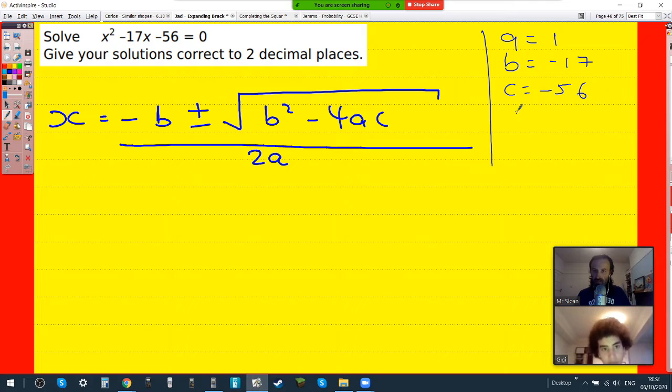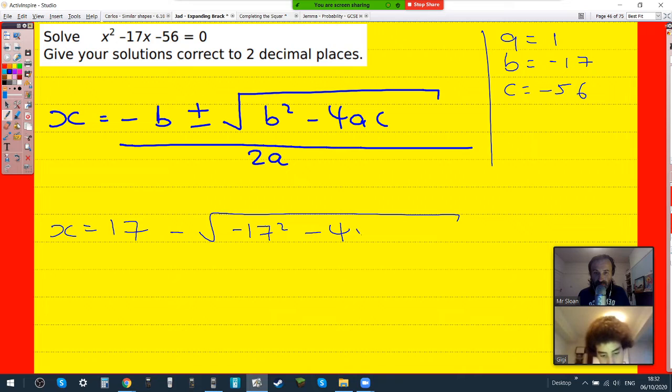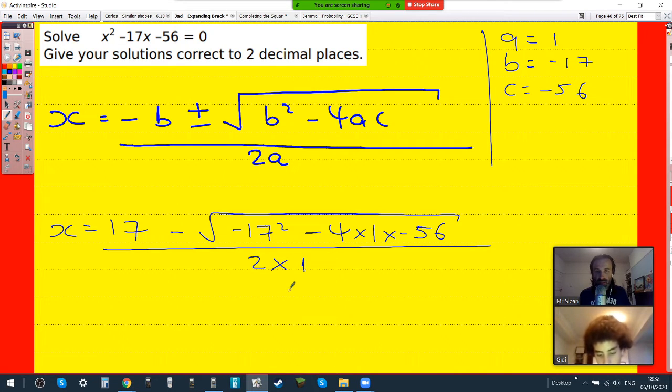So 17 minus the square root of minus 17 squared minus 4 times 1 times minus 56, over 2 times 1. What does calculator say? I think I did something wrong. It says math error. So press left or right to edit it. You see your minus 17? That needs to be in a bracket with the square. Oh, right. With the squared on the outside.